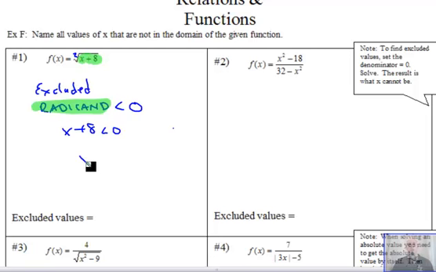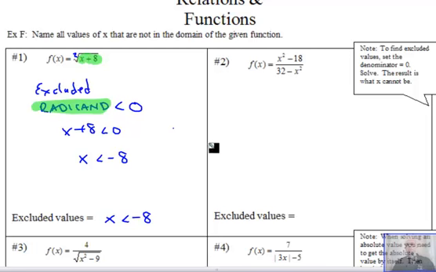We solve this by subtracting 8 from both sides. And our excluded values is anything less than negative 8. If you put any number in for x that's less than negative 8, you're going to get an imaginary answer. If you put a negative 9 in, negative 9 plus 8 is negative 1. Square root of negative 1 is imaginary.